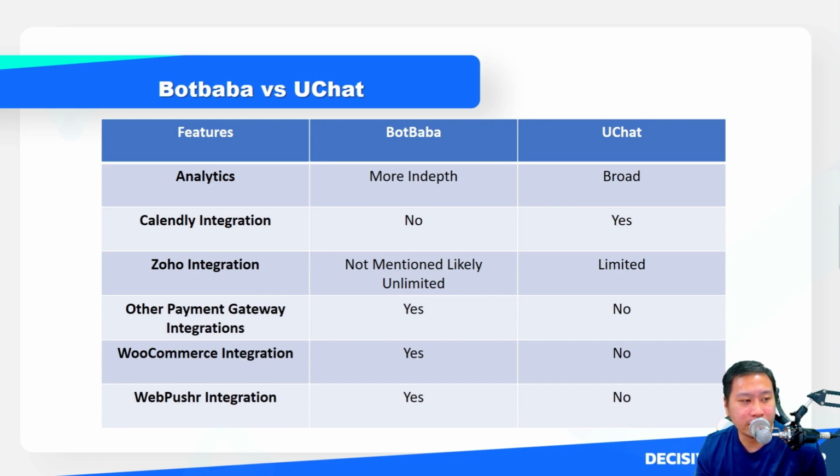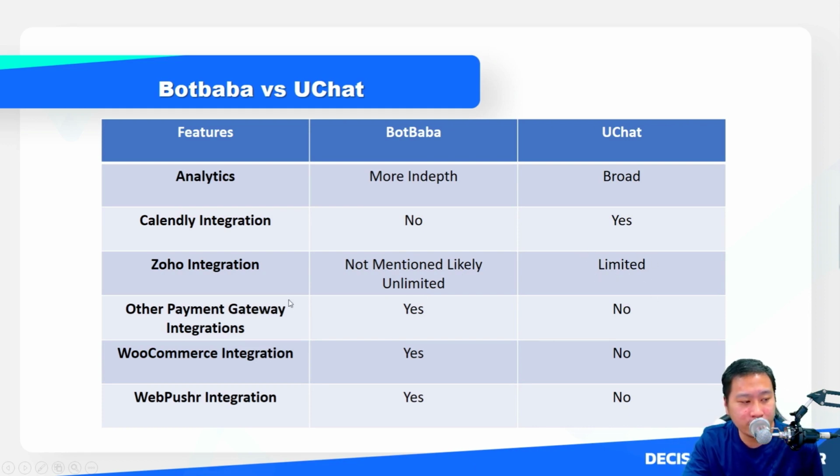And then there's no Calendly integration for Botbaba, but UChat does have that. For Zoho integration, I think I made a mistake here as well. This should be yes, so there's a Zoho integration for Botbaba, and UChat doesn't have that.